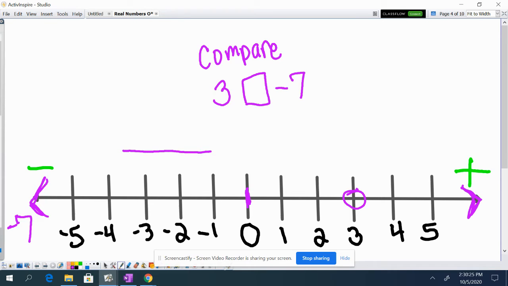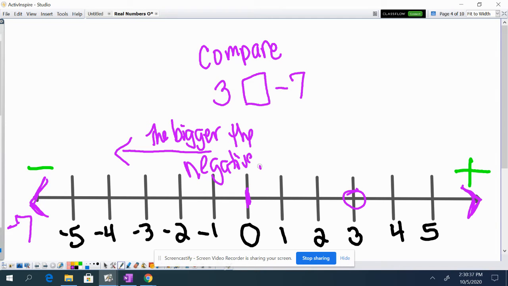Anything that goes this direction, the bigger the negative, the less it is worth, right?